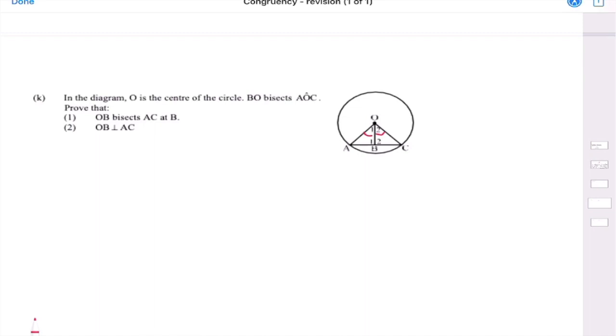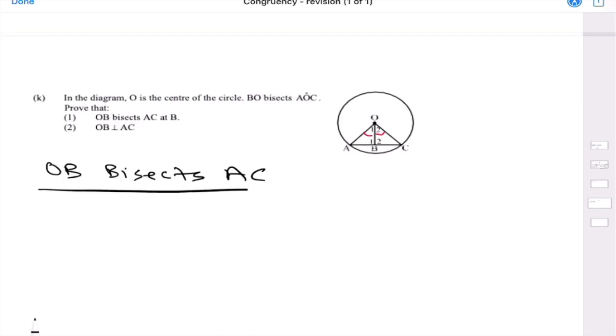So we need to prove, number 1, that OB bisects the line AC. That is what we need to prove. Now, if OB bisects the line AC, then that actually means they want us to prove that the length AB is the same as the length BC.